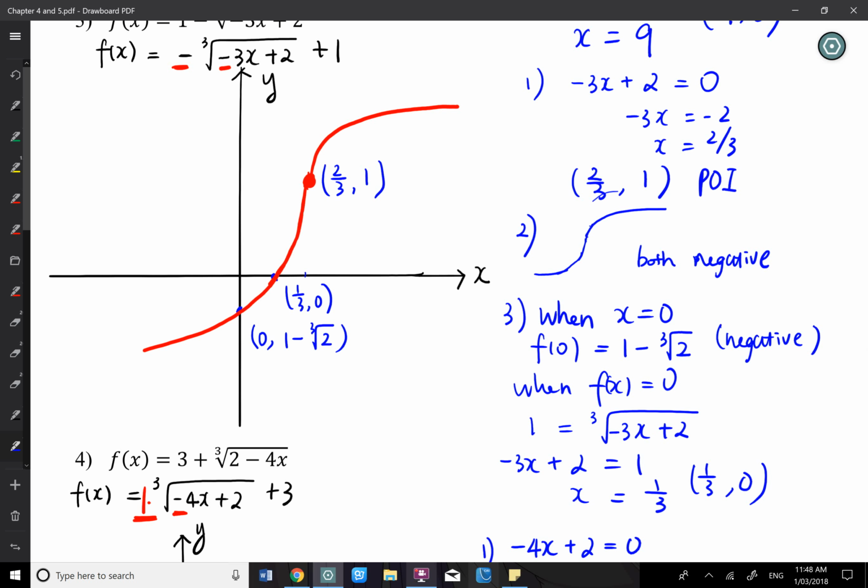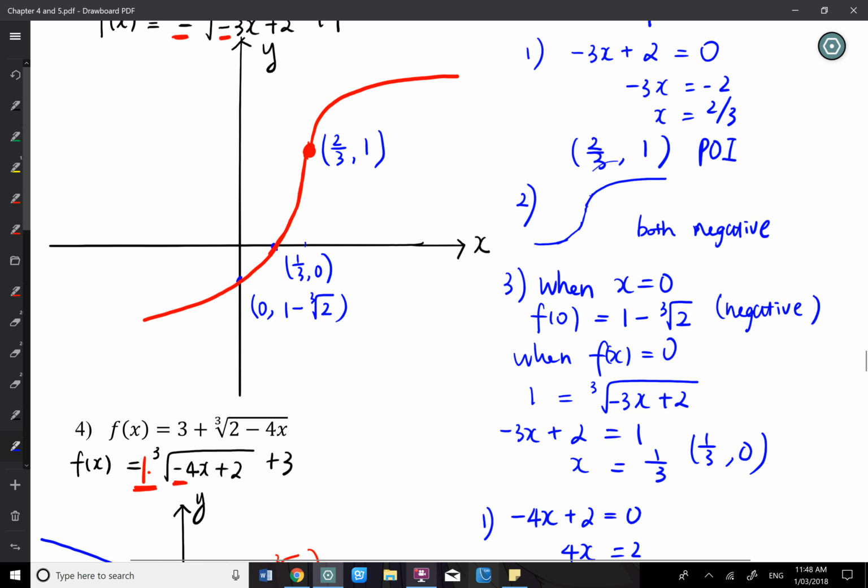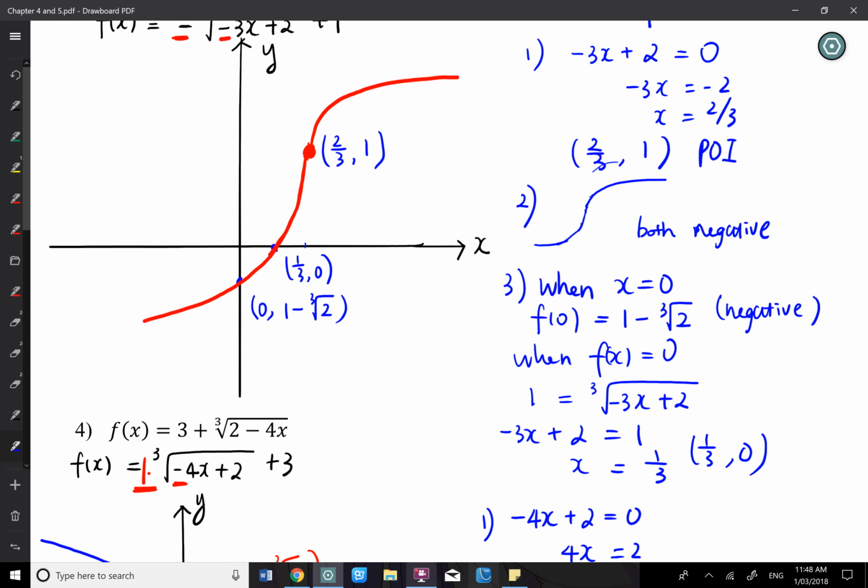And then f(x) equals 0. I will have 1 equals the cube root, and we solve for that. We have minus 3x plus 2 equals 1, since you cube both sides. Then x is minus 1 over minus 3, so that is 1 on 3. So the x-intercept will be (1/3, 0).